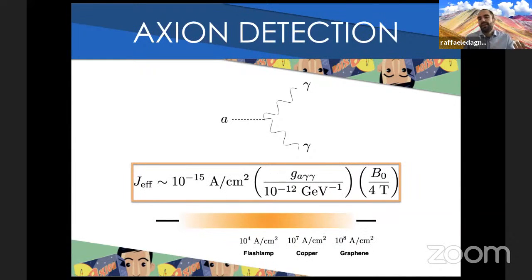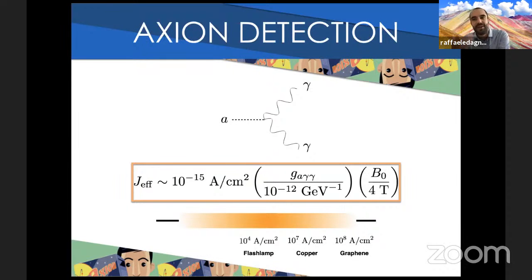Just to give you an idea of the size of the currents that we're trying to detect, we can compare this current on the QCD line for a largish magnetic field of order 4 Tesla with the currents that you can have at home. So your copper conductor in your walls giving light through your light bulbs can support a current of order 10^7 amperes per centimeter squared.